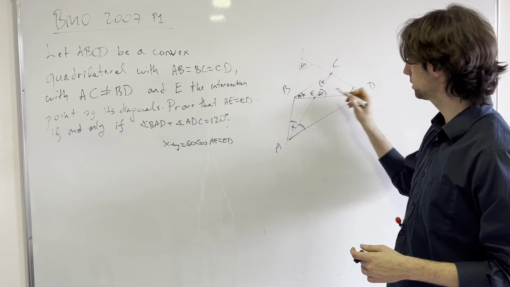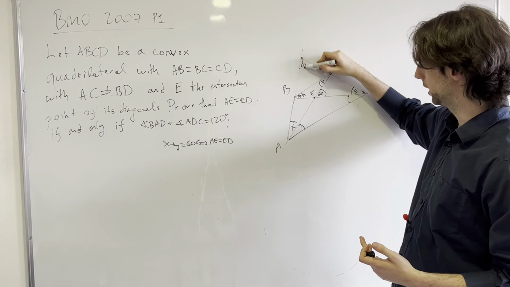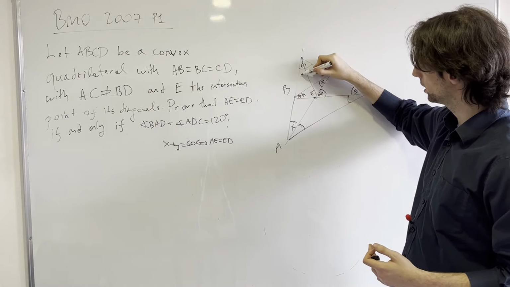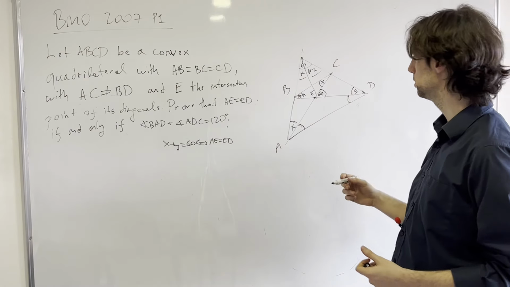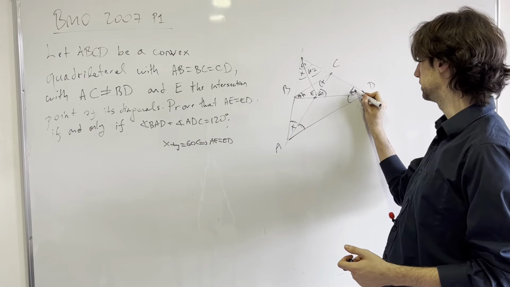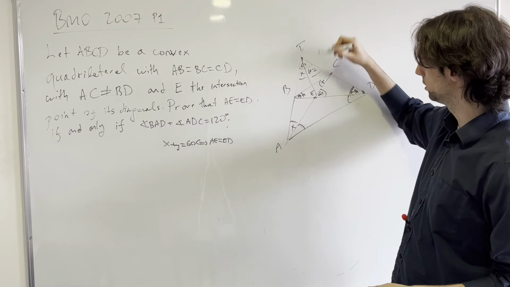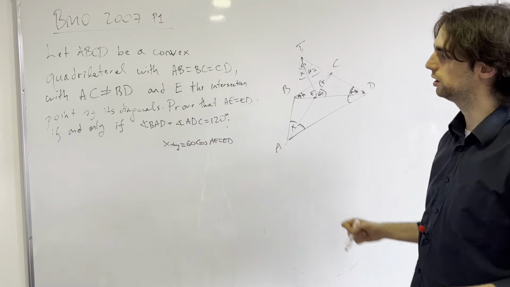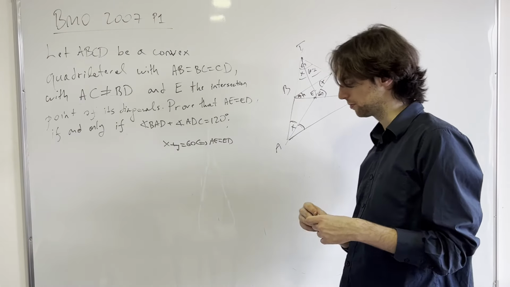This is 60 minus X. Well, what I get is these points are concyclic. And I get this angle is X, this is 60 minus X because of the concyclic points. So Y is 60 minus X. And now I get that EA, call this point T, ET is ED. In other words, I have AE is ED. And so we're done.